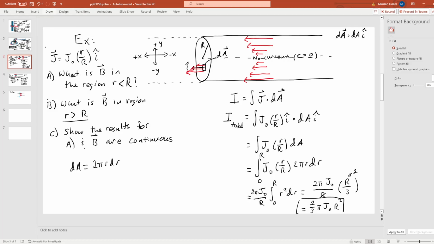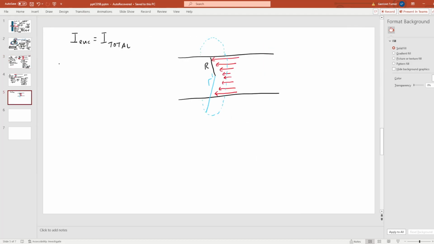Now, Ampere's law is actually going to be very easy to apply here. Once again, the assumption is that everywhere on the boundary of that loop there will be a uniform magnetic field, and the magnetic field will be looping around this way, from the right-hand rule.